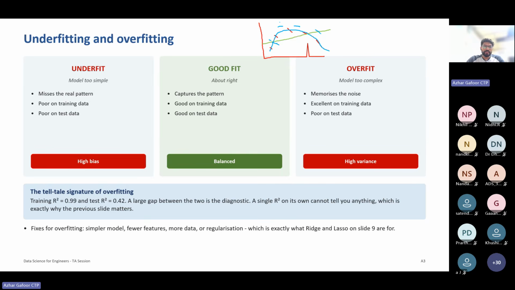If the model is too complex or of higher order, it is going to follow each and every point. It will be excellent on the training data, but its performance on the testing data will be very poor.